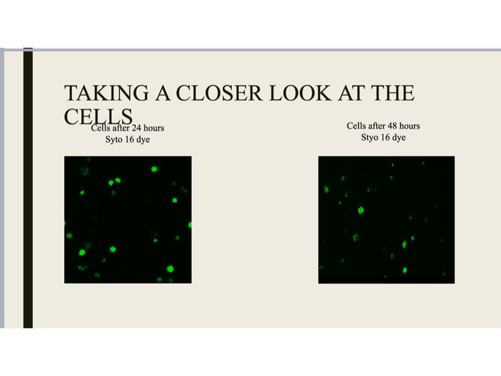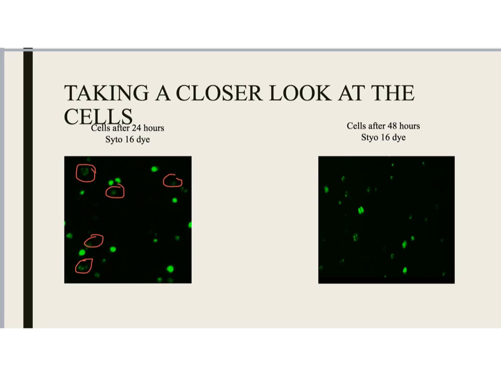Here you can see that we did see forms of apoptosis, and there could be more apoptosis in the neon cells, but in the brightness we had on the microscope, they're not able to be seen.